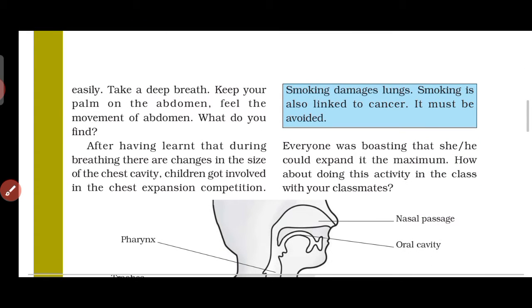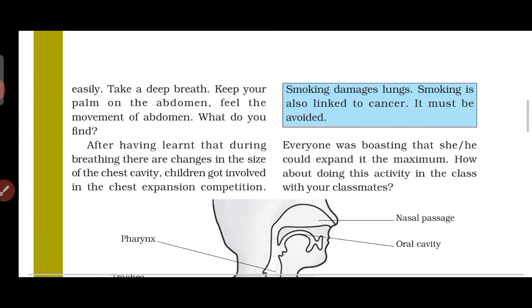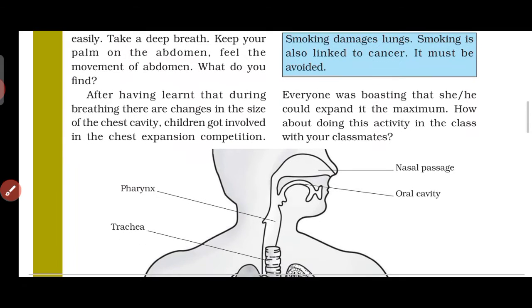You can feel this movement of the body by yourself. We can take a deep breath and keep a palm on the abdomen, and we can feel that movement. You might have heard about chest expansion.